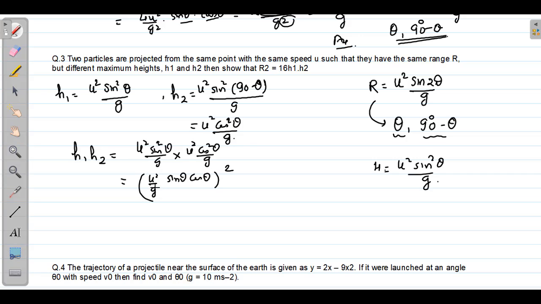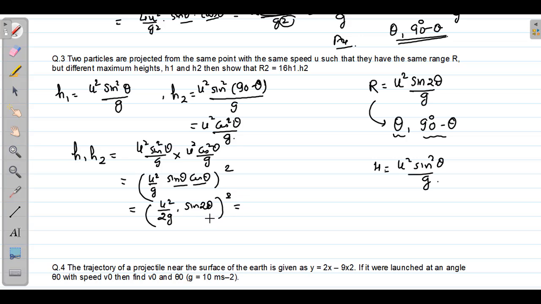Because sine theta cos theta we have to write in the form of sine 2 theta, that's why we multiply and divide by 2. We get u square by 2g into 2 sine theta cos theta, that means sine 2 theta whole square.